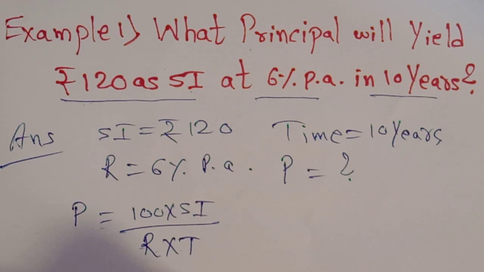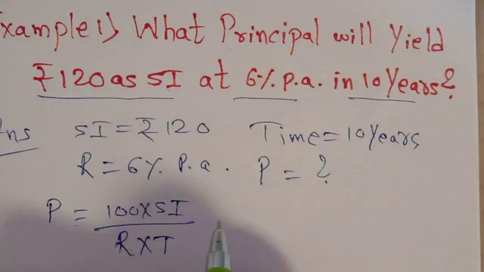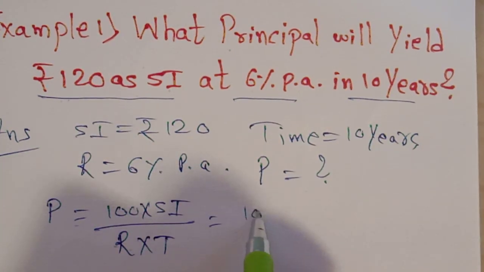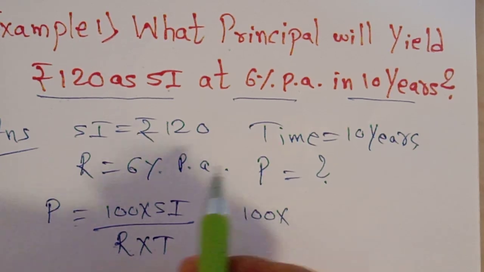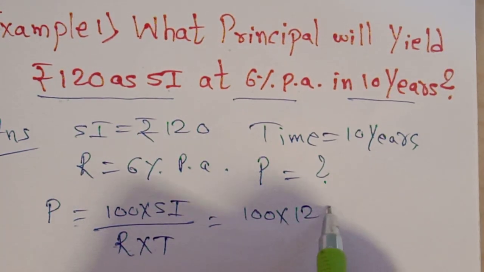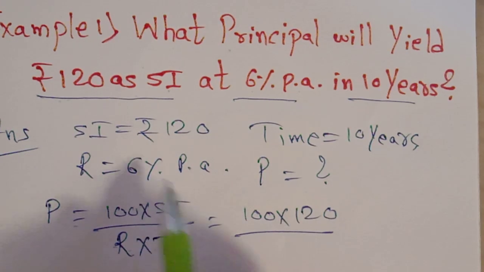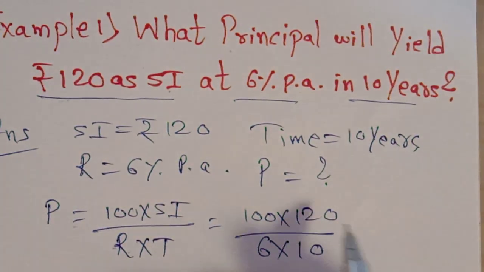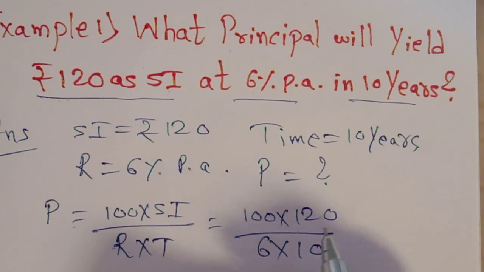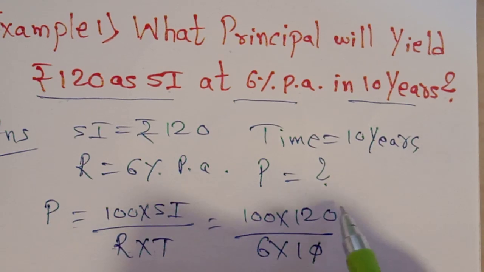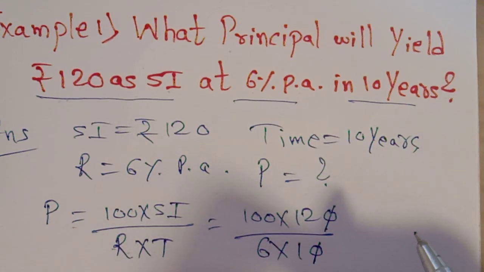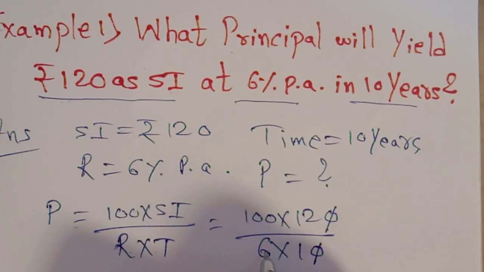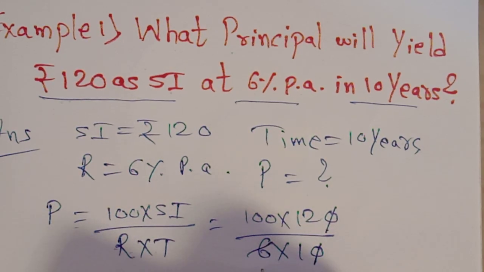So students, after this we have to write 100 into how much SI? It's 120, by how much R? It's 6%, and time is 10 years. Now the next step is very important: we have to simplify properly. Here this 0 and this 0 cancel, and 6 1s are 6, 6 2s are 12, you can cancel, it will make it easy because both are in the same table.